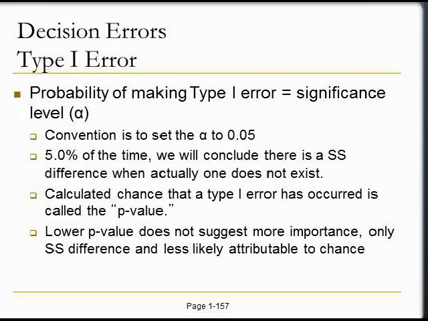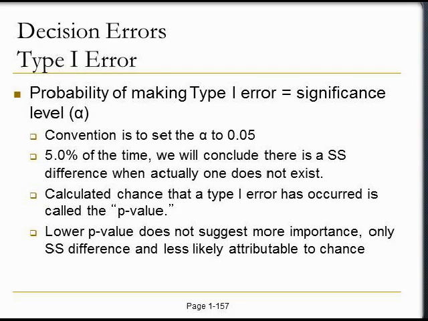Okay, decision errors. Let's focus a little bit on type 1 errors and type 2 errors. Remember that the probability of making a type 1 error is equal to the significance level, or the alpha value.